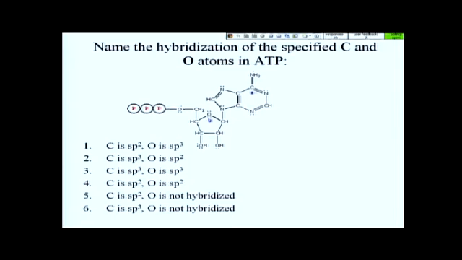So I want you to go ahead and tell me what these hybridizations are for these 2 atoms. OK, let's take 10 more seconds here, get those final answers in.